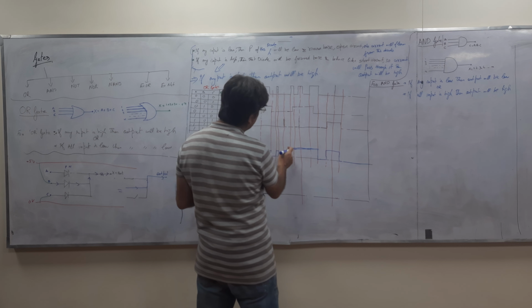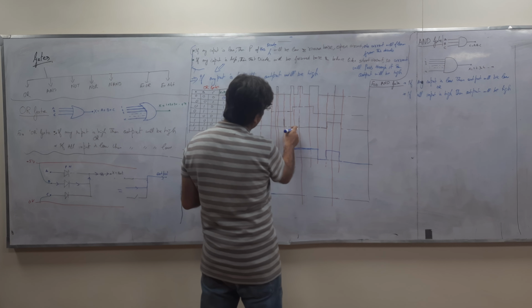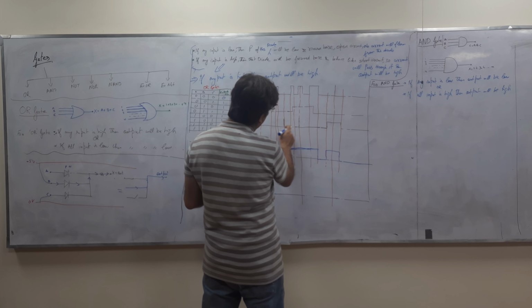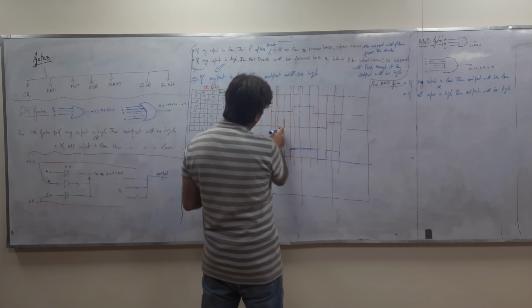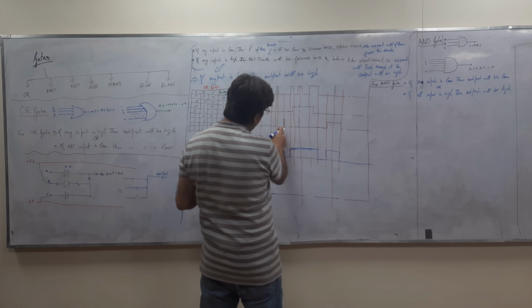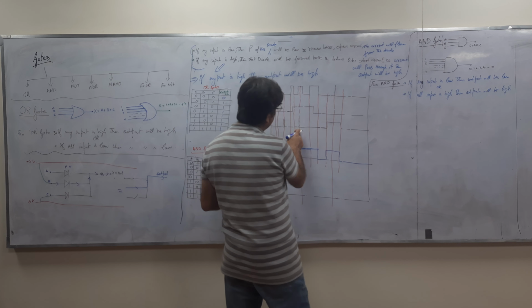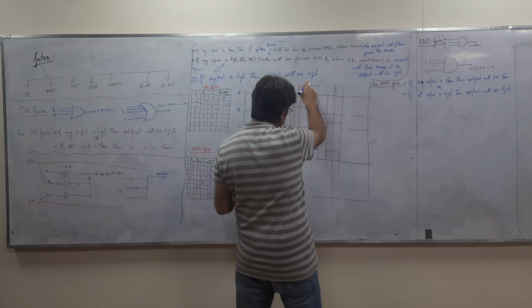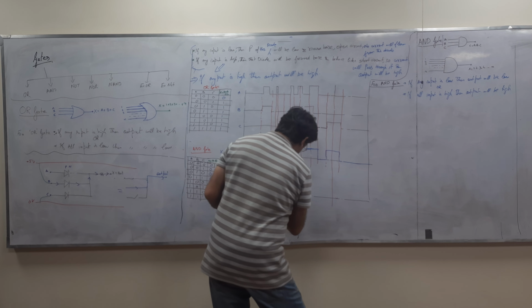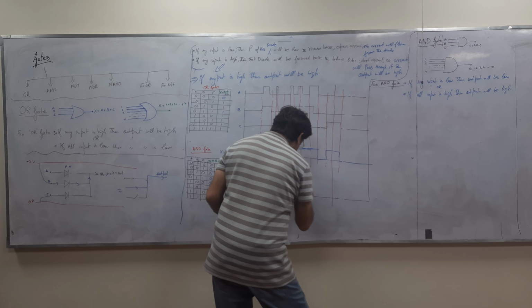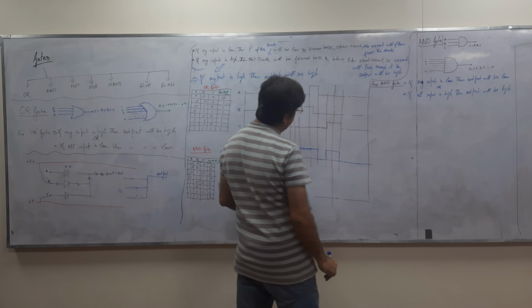But here again C is low. Here C is high, but A and B are low, so the output will be low. Here C is high, A is high, B is high, so the output will be high, but C is high for this time only.